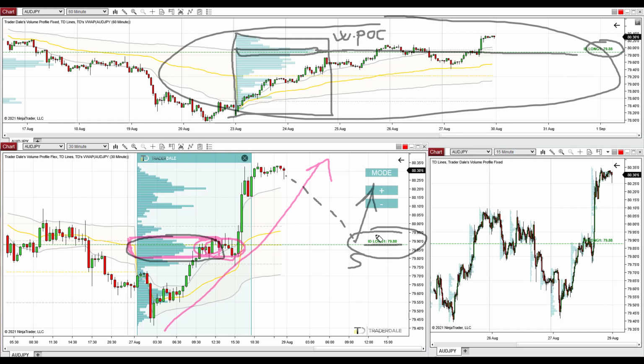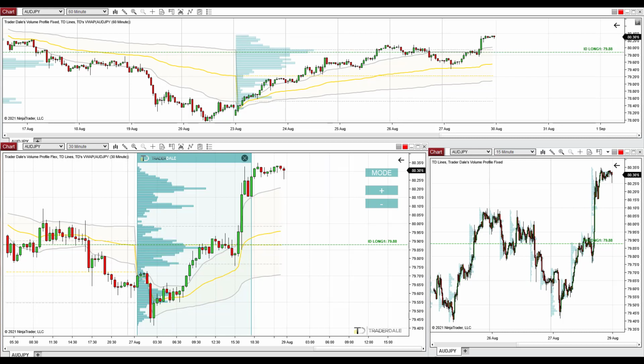That's this level, right? So this is a nice confluence to our trend setup, to the setup based on those volumes, because not only do we have this volume based setup, but also there is the weekly point of control, which is just by itself a very strong level to trade from. Alright, so that's the strong day trading support on the Australian dollar Japanese yen.